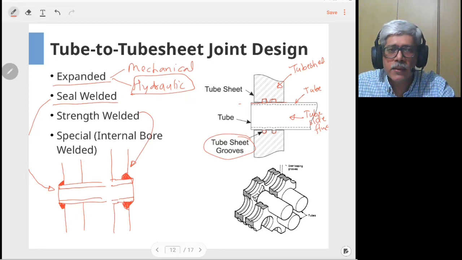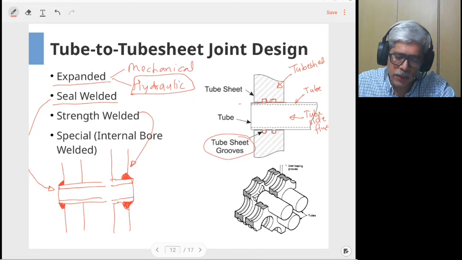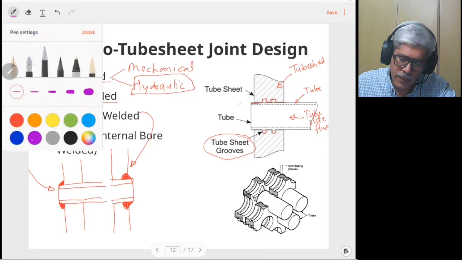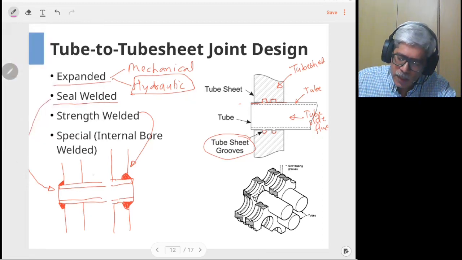In all these cases, that is the mechanical joint as well as the seal welded joint, you have the chance of crevice corrosion. If you notice here, in all the cases, there is a crevice which is formed between the tube hole and the outside of the tube, as well as a crevice which is formed between the two holes here.